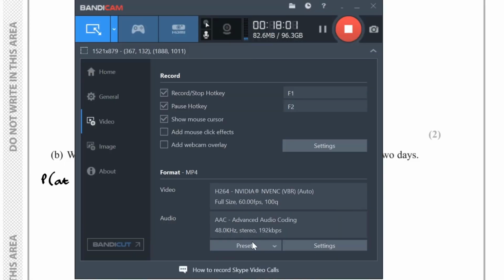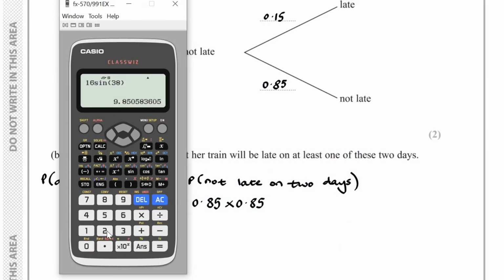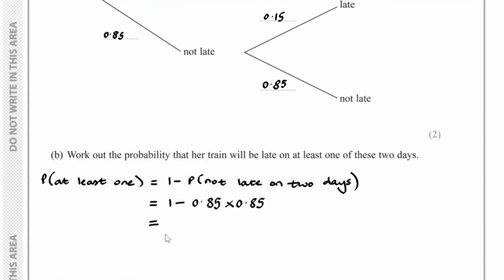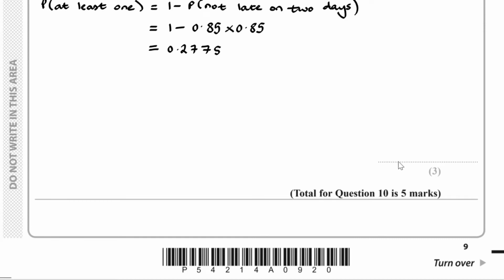So working this out, 1 minus 0.85 times 0.85 will be 0.2775. Okay, so that's our probability. So we have over here 0.2775.